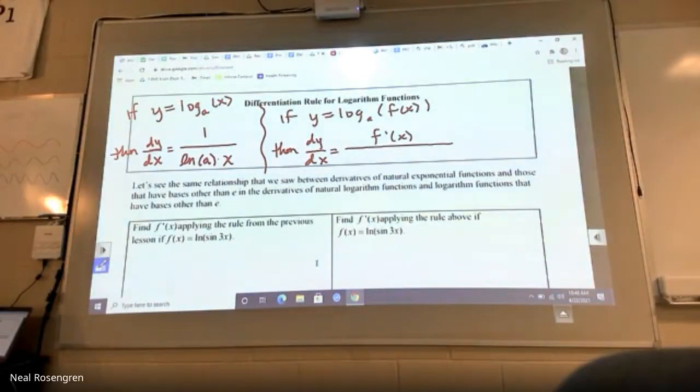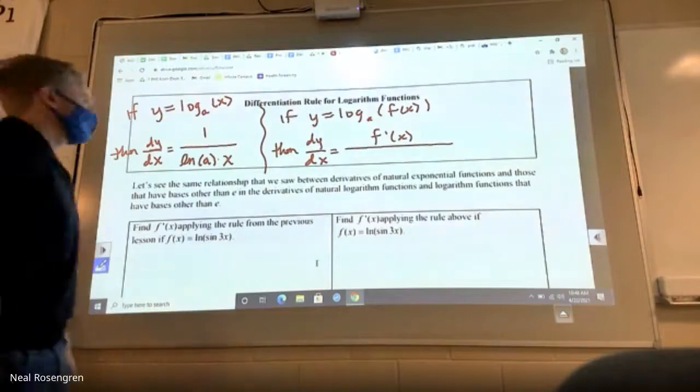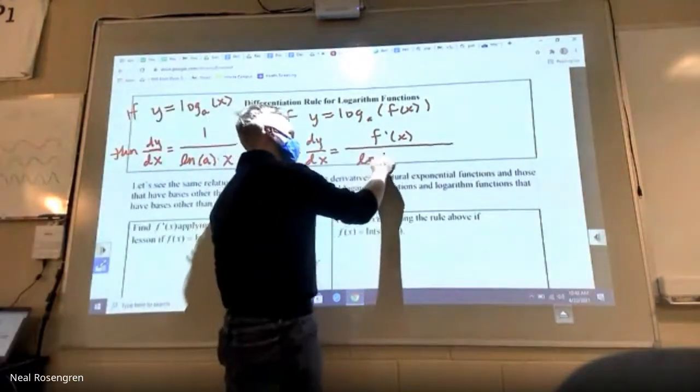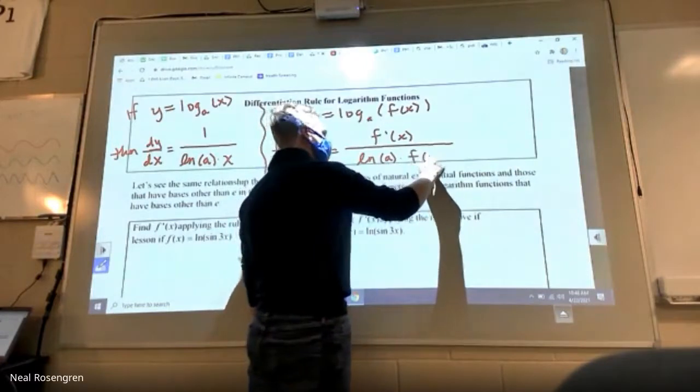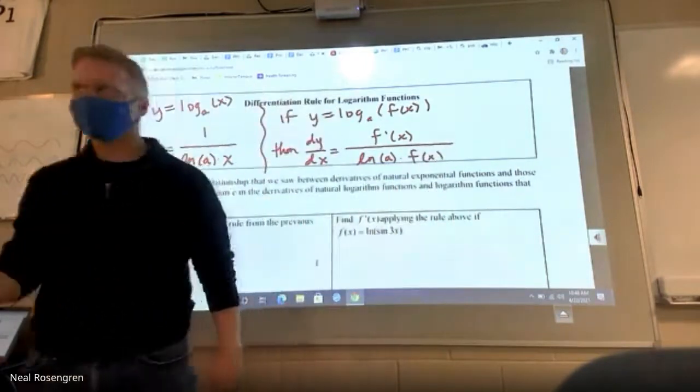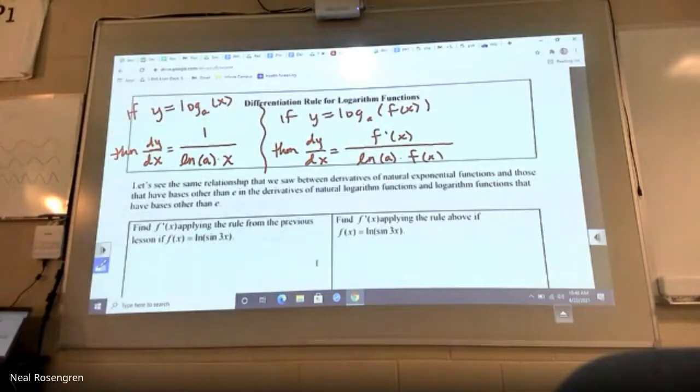We just need, again, that ln of a, which affects the slope, the speed at which your derivative is changing, is now affected by that 1 over ln of a. And instead of separating and putting 1 over ln of a times f prime of x over f of x, we just put the ln of a on the bottom. Make things a little bit easier.